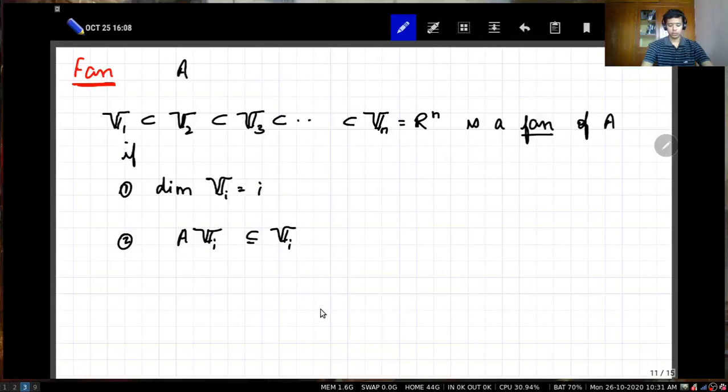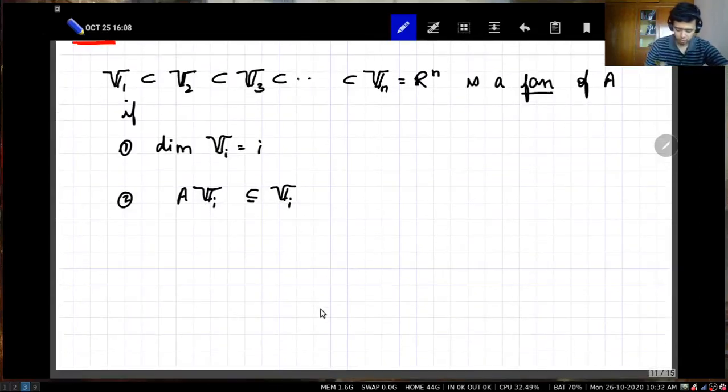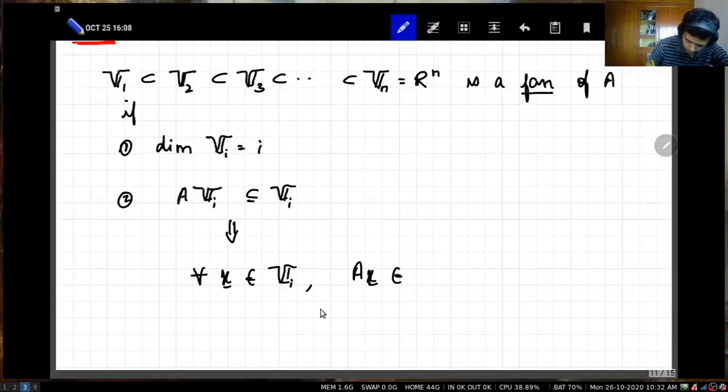Firstly, the dimension of Vi is equal to i, and secondly, when the linear transformation is applied on the particular subspace, you get back the original subspace or something within it. This means that for all x in Vi, A times x is also in Vi.